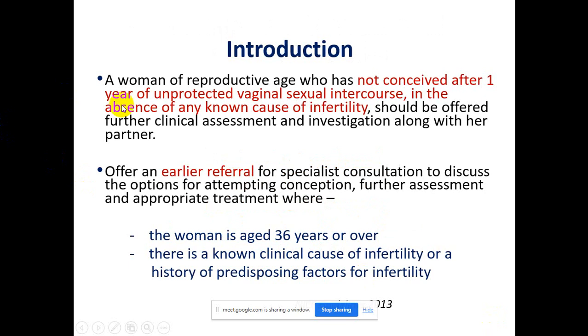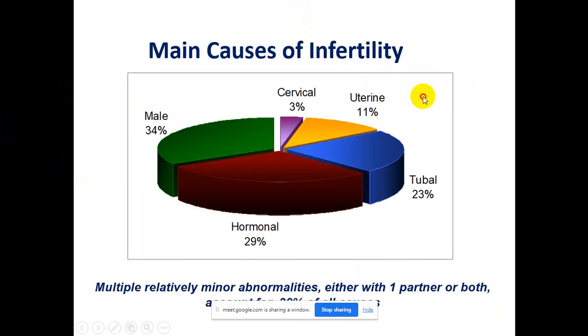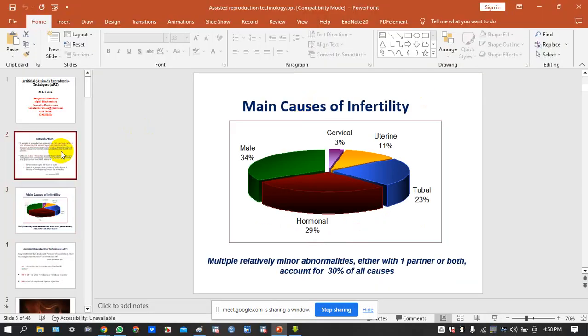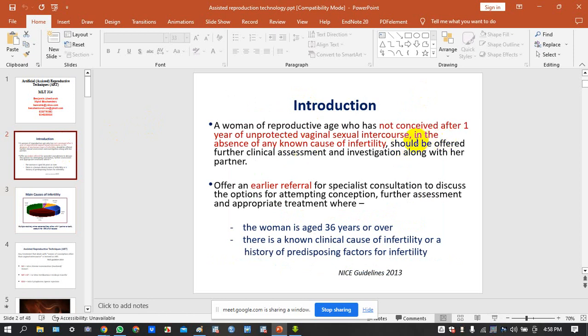When we say a woman of reproductive age who has not conceived after 1 year of unprotected vaginal sexual intercourse, in the absence of any known cause of infertility, that woman should be offered further clinical assessment.